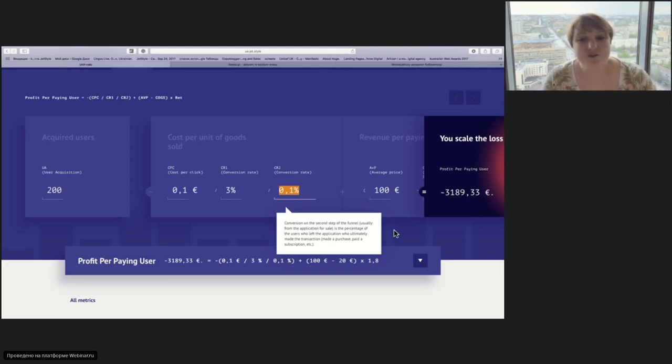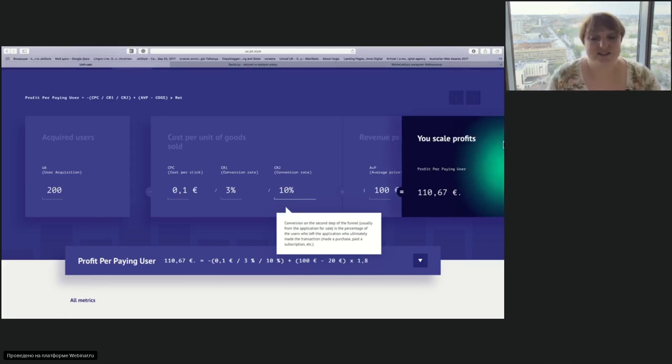So this conversion rate, vice versa, was the highest throughout our service, and it was about 10%. I'm just putting the figure so you can see the round figures. And you see that profit is just great.